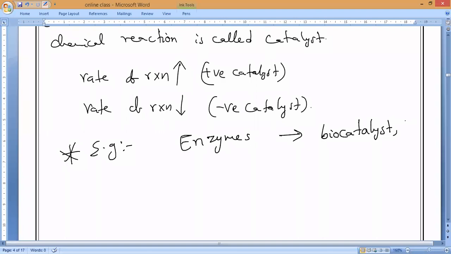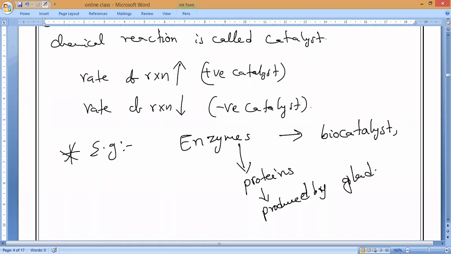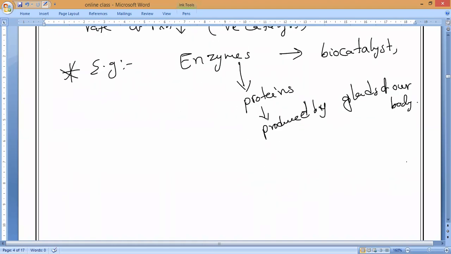Various physiological reactions take place in our body. These enzymes are proteins which are produced by various glands of our body. They help in physiological problems, like hormonal growth.